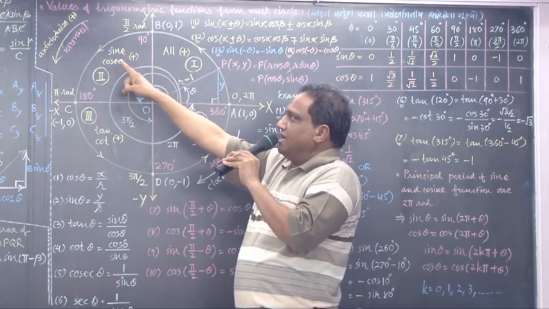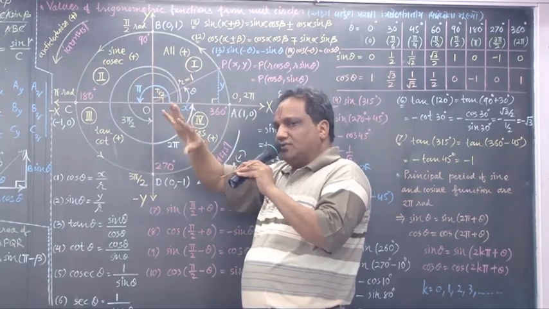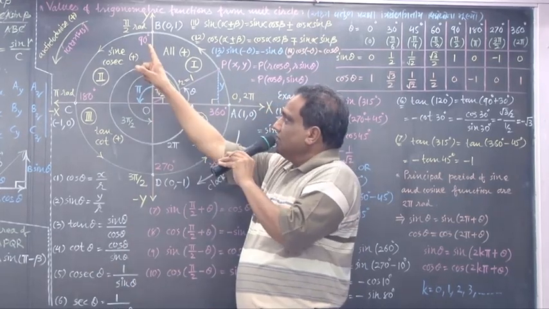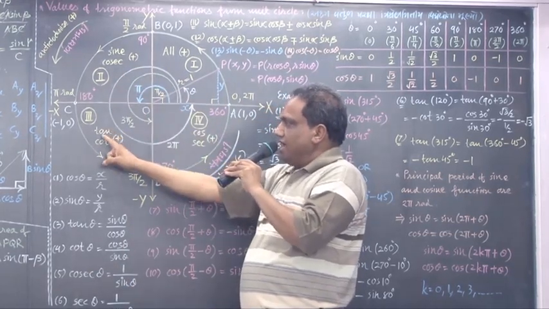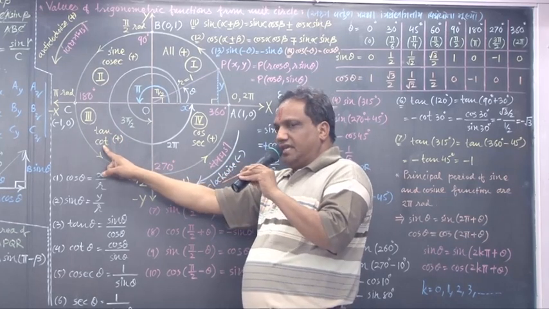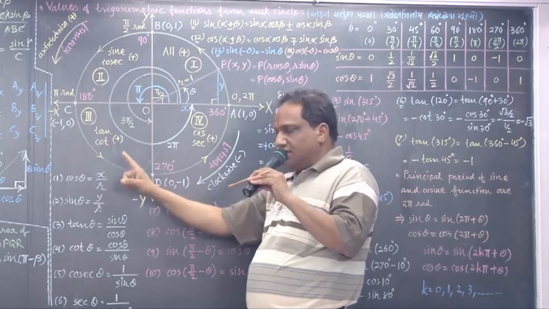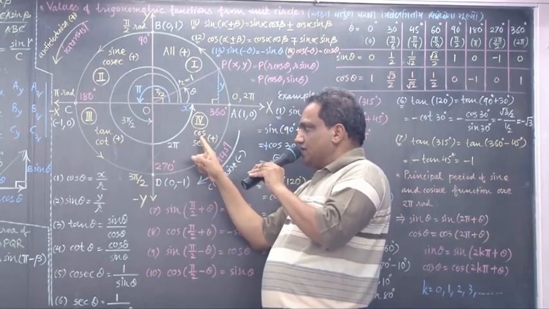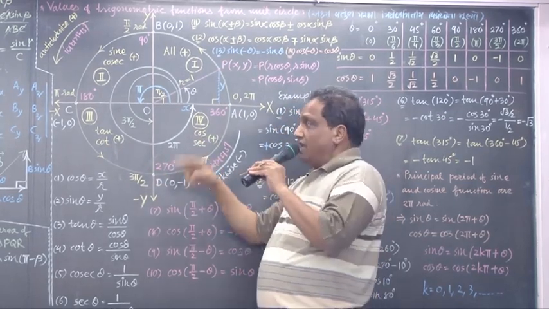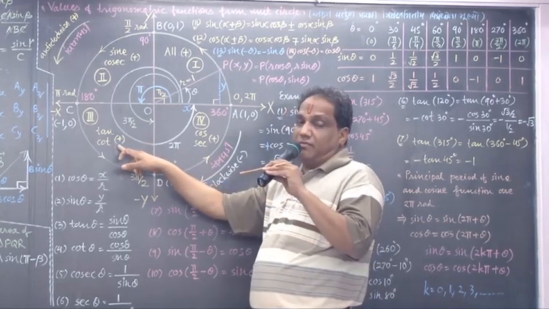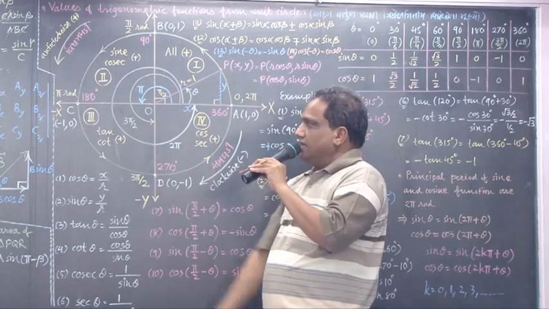Here, only sine and cosec. Naturally, when sine is positive, then cosec has to be positive. Then here tan and cot. Tan theta is 1 upon cot theta, so when tan theta is positive, cot theta also will be positive. Here only cos and sec. When I say tan and cot are positive, the remaining are negative.